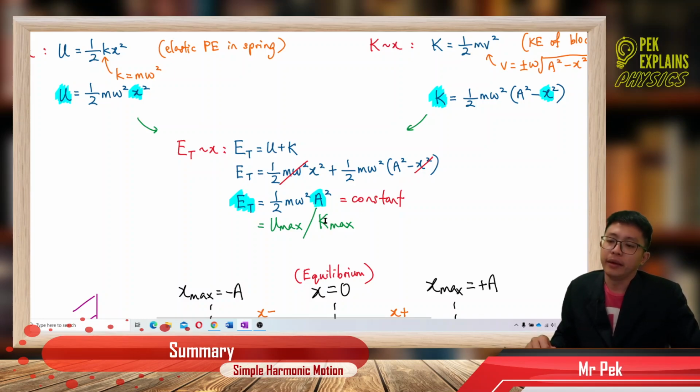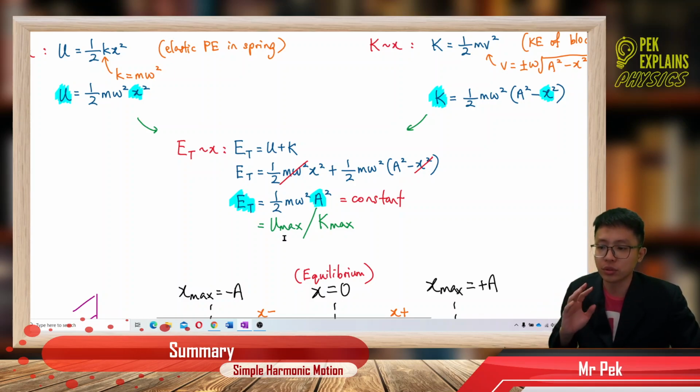This is the formula relating total energy to displacement; for total energy, the displacement is the amplitude. So the total energy is half m omega square amplitude square, a constant value.